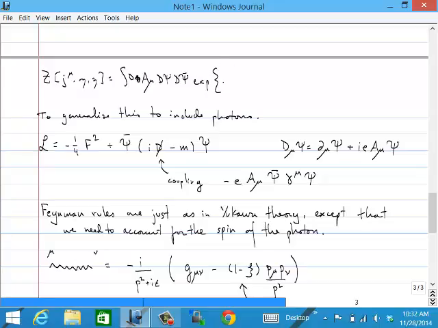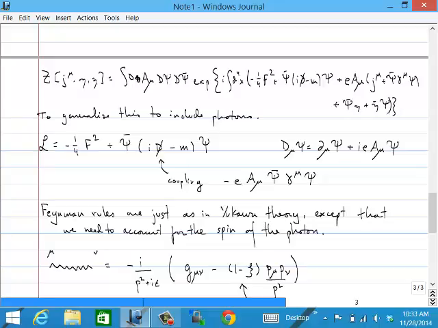Let's write it out explicitly: d4x of minus 1/4 F squared plus psi bar i d slash minus m psi. That's the usual kinetic term. And then in the interaction term, you would have e A mu, and then you would introduce a source, J mu, plus psi bar gamma mu psi. So this would be a source in addition to the one that comes just by the coupling of psi to the gauge field, and then you would have these various eta psi terms.